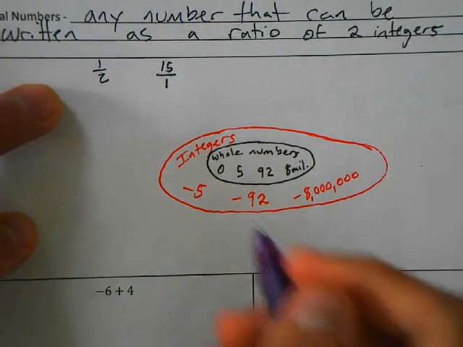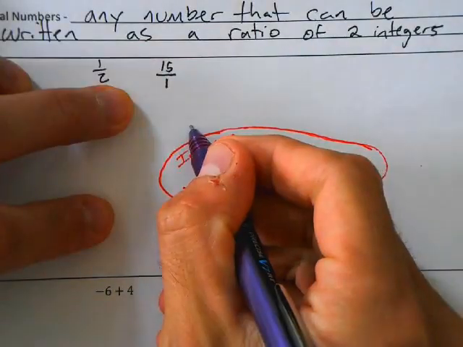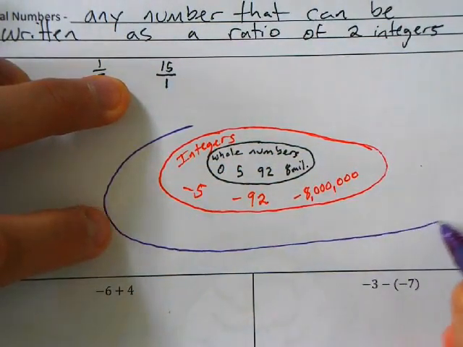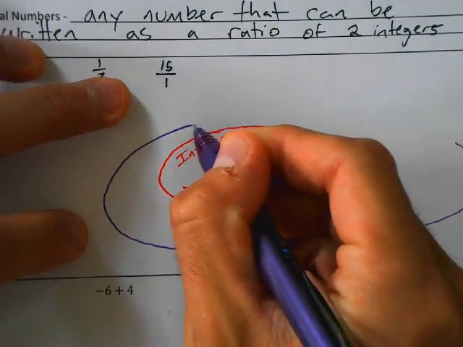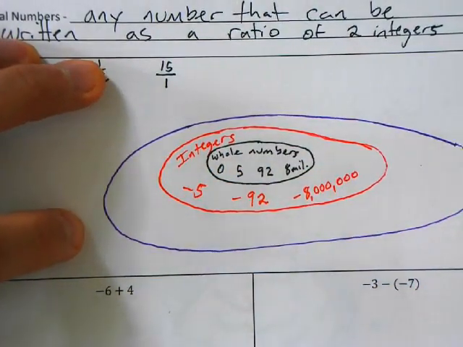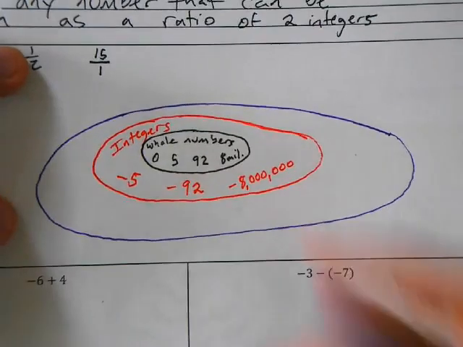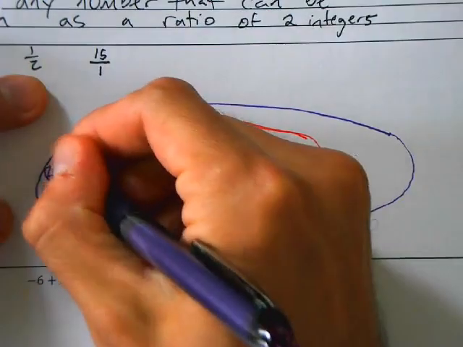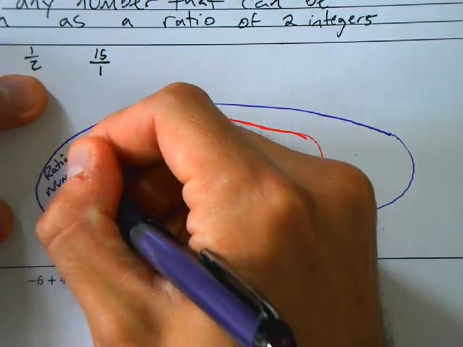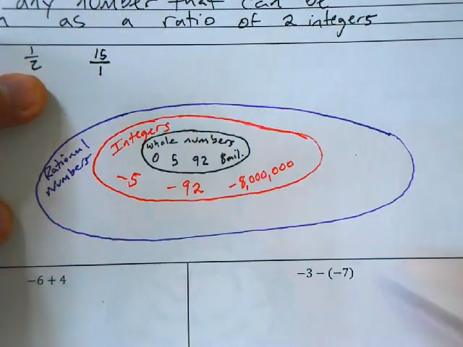That's great. Let's draw a circle around that integer circle because just like the last one, everything inside this circle fits into this category. And now let's label this circle the rational numbers. Or, if you want to be clever, the ration-al numbers. It's not really that clever, but ratio is in that word.